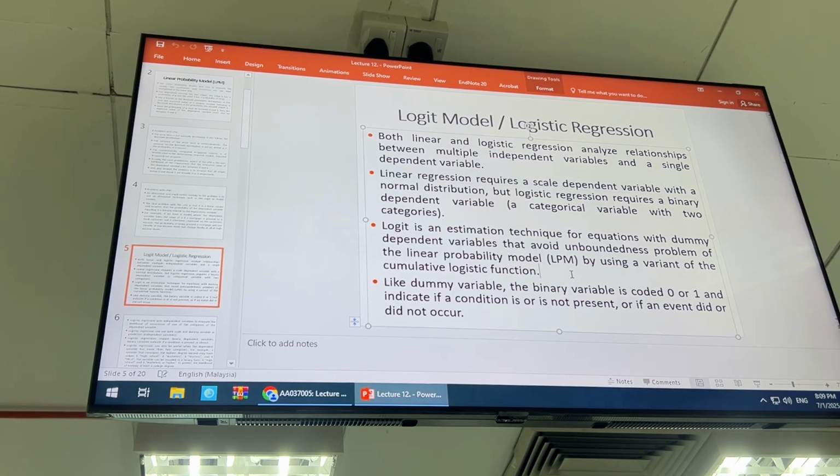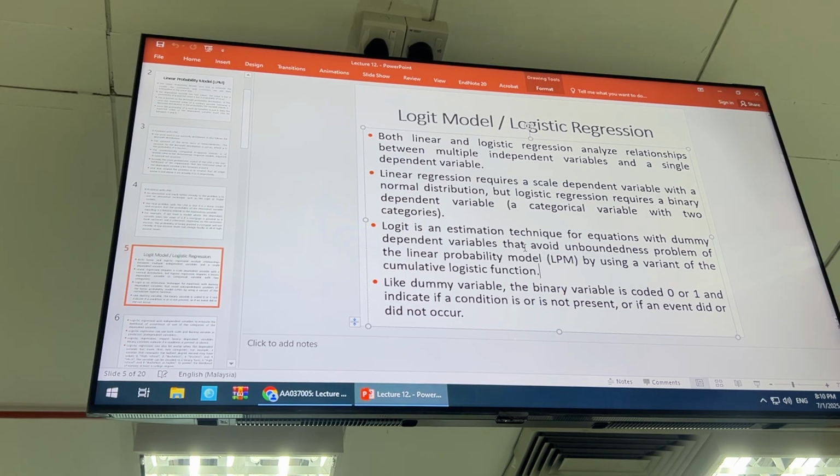So logit is an estimation technique for equations with a dummy dependent variable that avoids the unboundedness problem of the linear probability model, because with the linear probability model that I mentioned just now, it is possible for our predicted value to be negative, less than 0, or greater than 1. Okay, but the logistic provides an alternative that allows us to limit the value between 0 and 1.